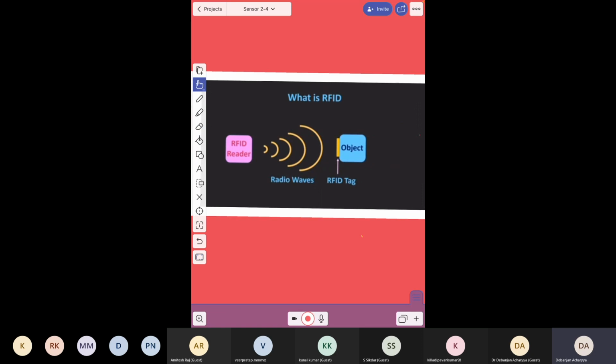In an RFID system, you will find one RFID reader and one RFID tag. In general, the tag is attached to the object. The RFID reader continuously sends radio waves.